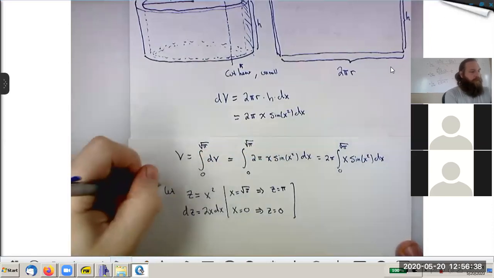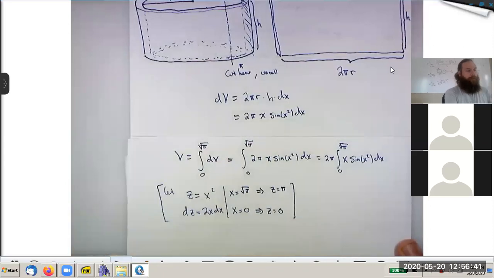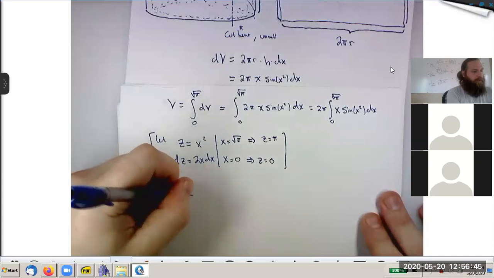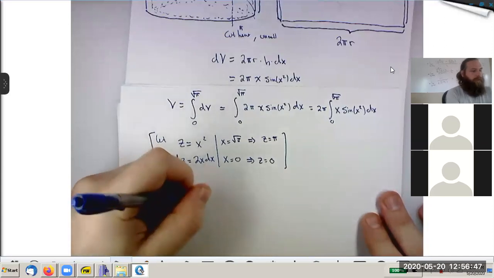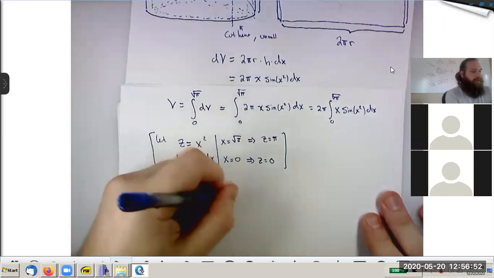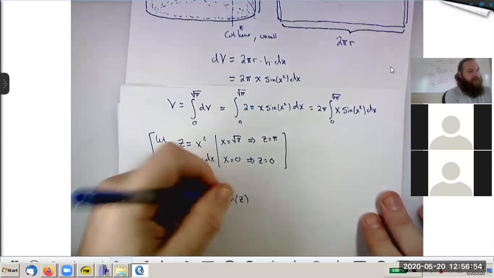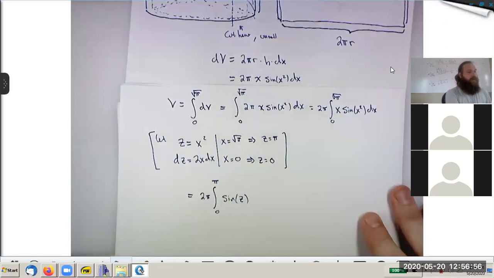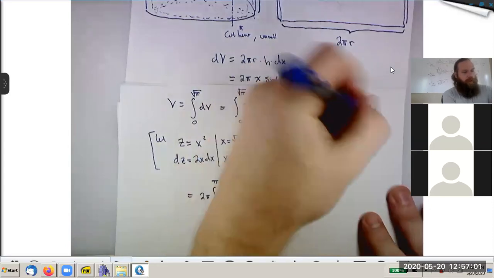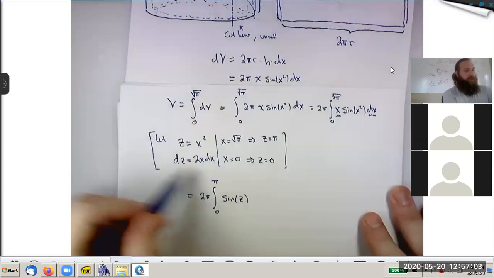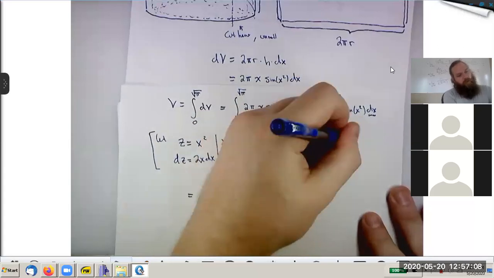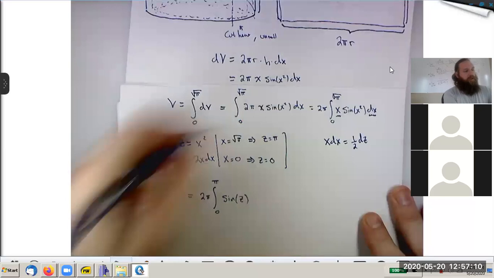So this substitution makes my integral much nicer. And I end up with 2 pi times the integral from 0 to pi of sine z, because I have the sine of x squared, and z is x squared. And then I've got this x dx. Well, x times dx, that's 1/2 dz, because dz is 2x dx.